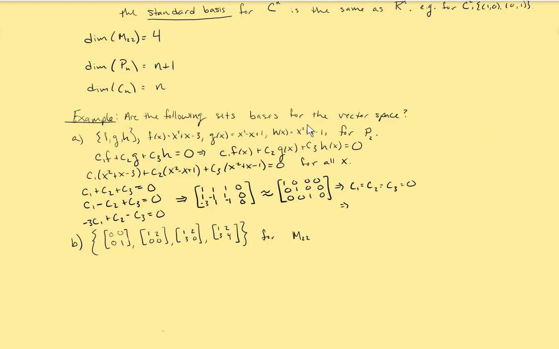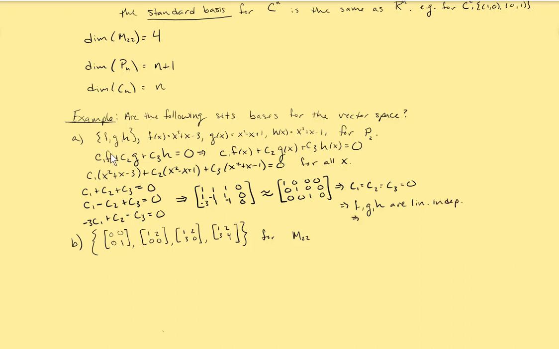Since the only way for a linear combination of f, g, and h to equal the 0 function is if all three scalars are 0, that tells us these are linearly independent functions. f, g, and h are linearly independent.